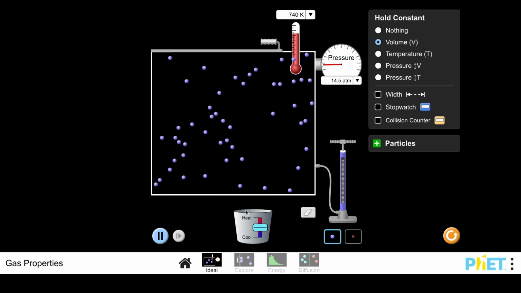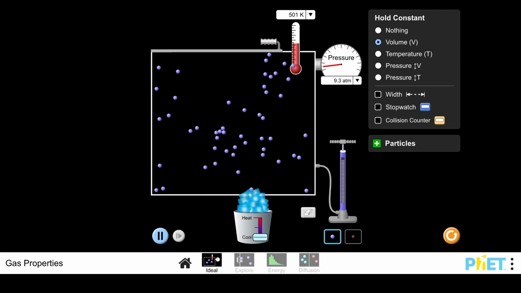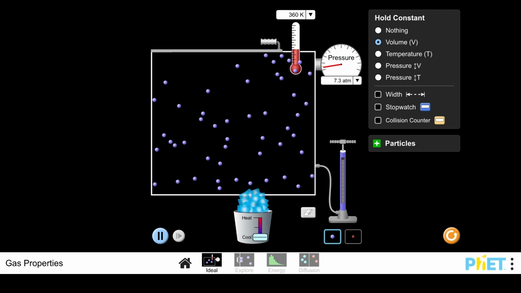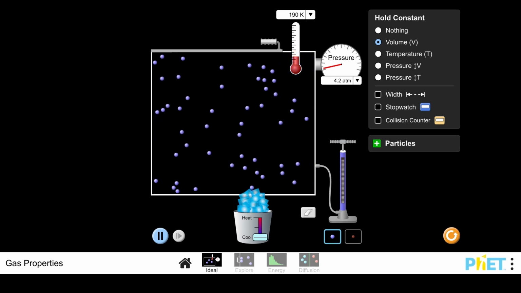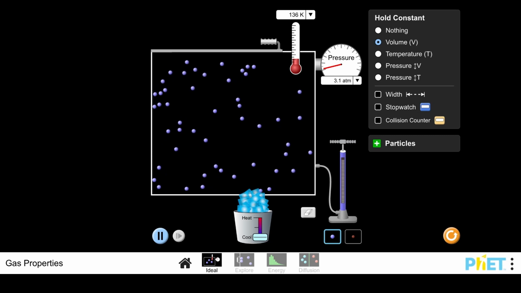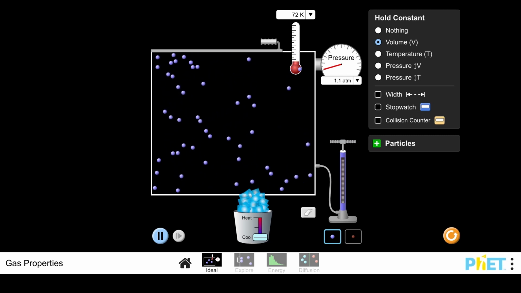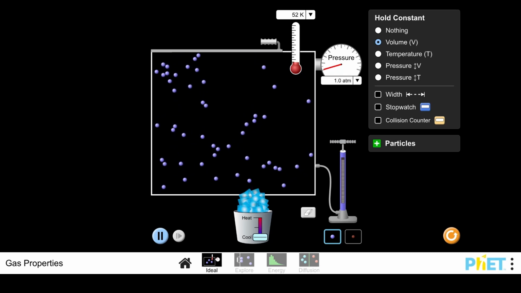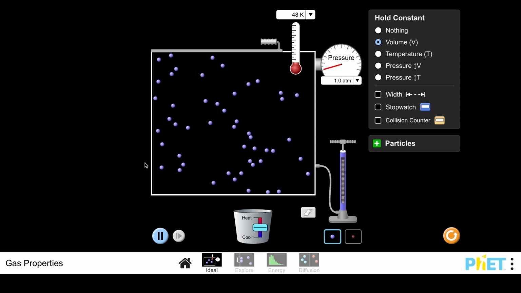Now let's see what happens when we drop the temperature. Let's say 50. I'll do 50. Okay, you can see it gets really slow, much slower than before.